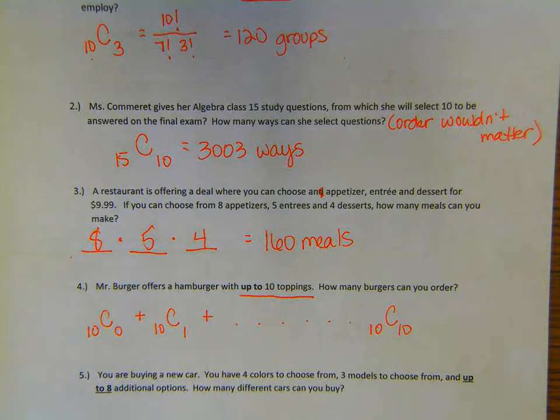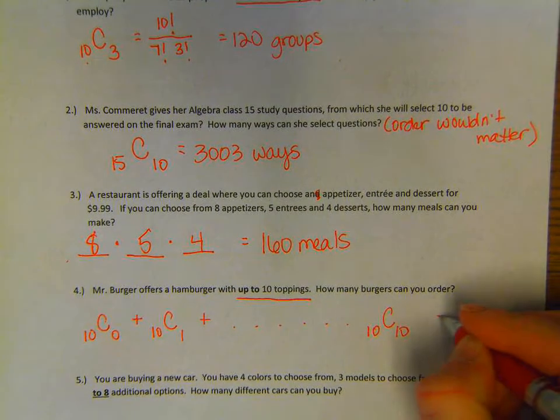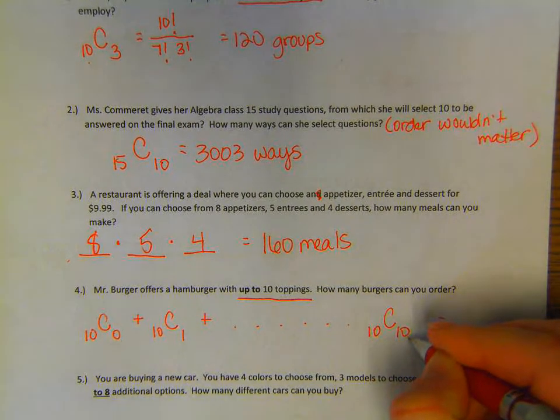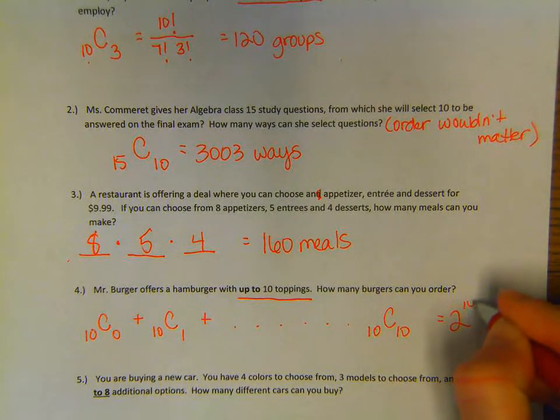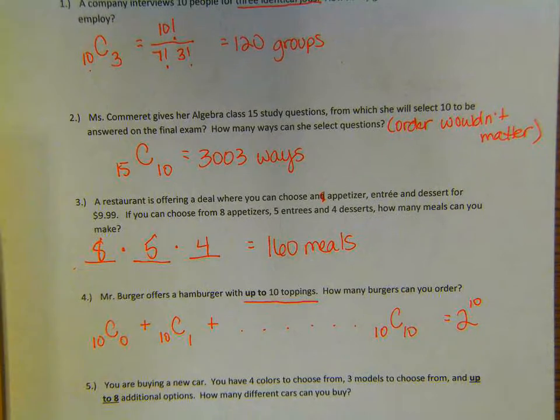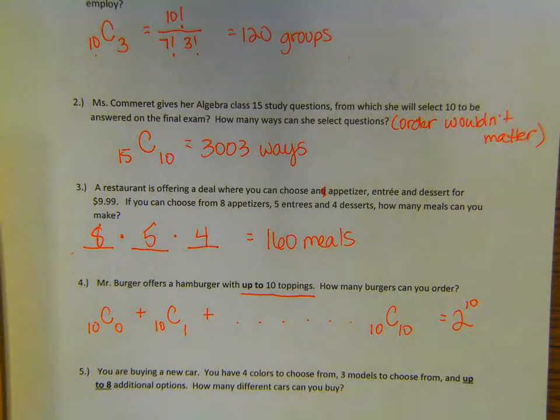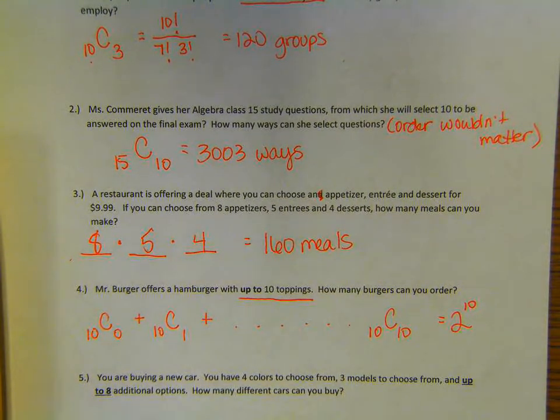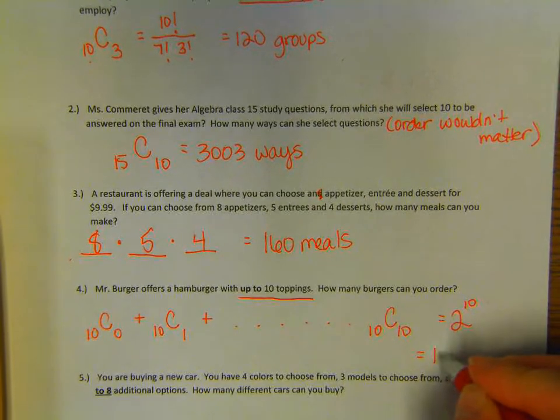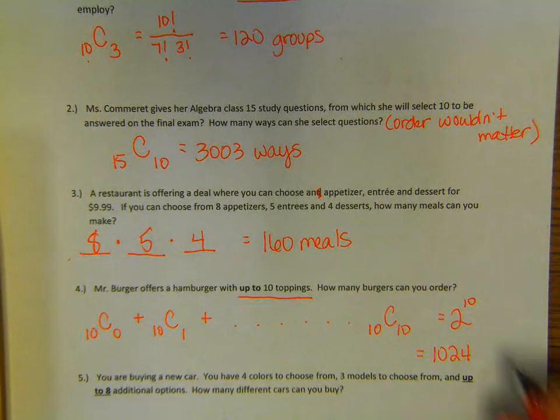So, because there's 10 choices, it's 2 to the 10th. You can do that all out, but you should get the same thing. And that would mean there's 1,024 different burgers you could order.